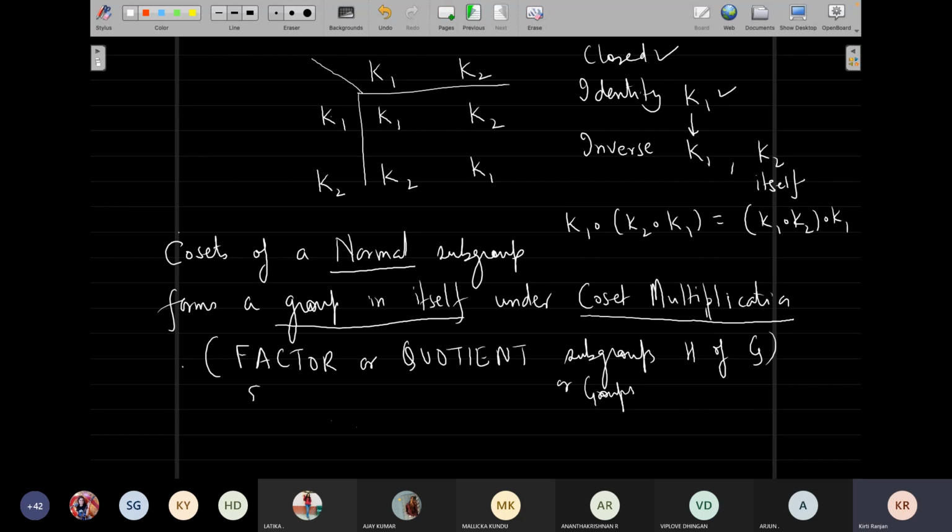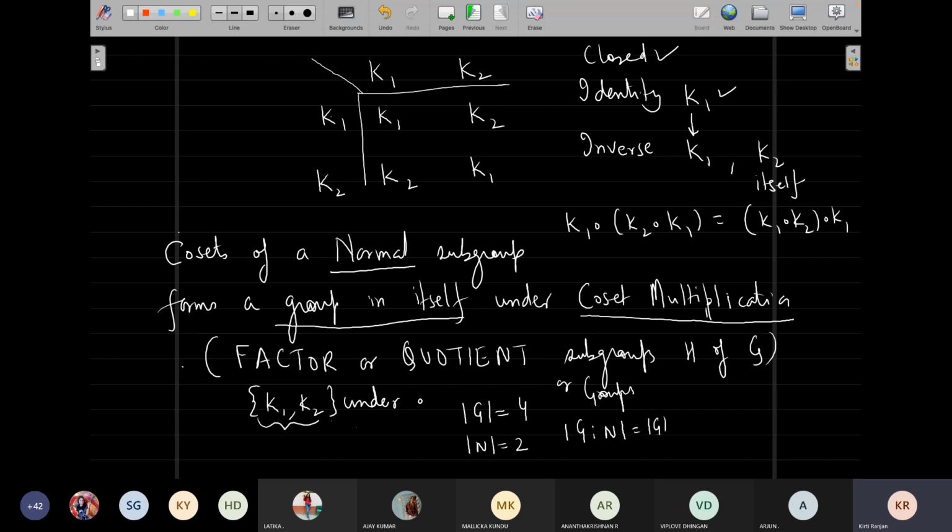This group has only two cosets under coset multiplication. So it has how many elements? It has two elements. Now look at the interesting thing again. Order of the group was 4. Order of the normal subgroup was 2 in this case. And what is the order which you have got for this quotient group, which is generally written as G colon N? This is the way to write it. And this is what?